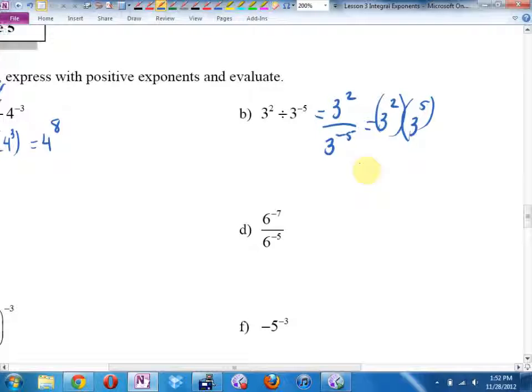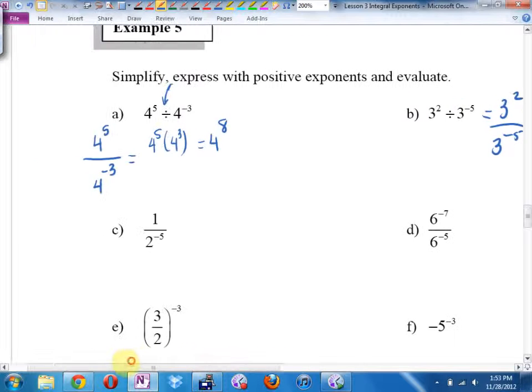No! What is 3 squared times 3 to the 5th? Simplify to 3 to the 7th? Yeah, whatever the heck that is, I don't care. C.